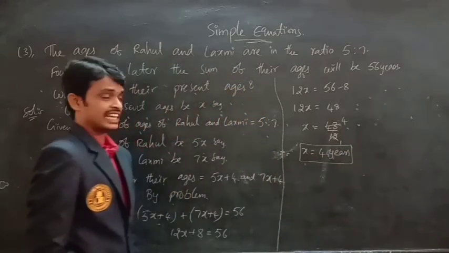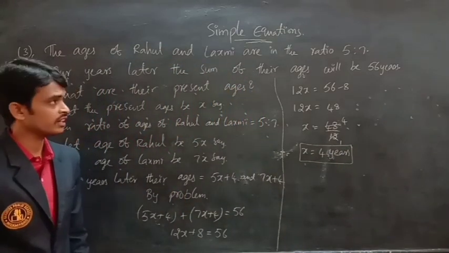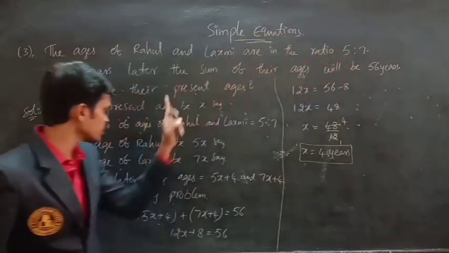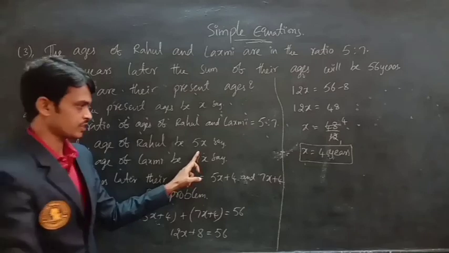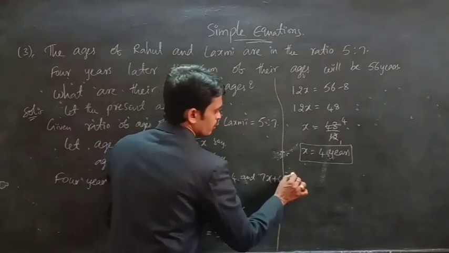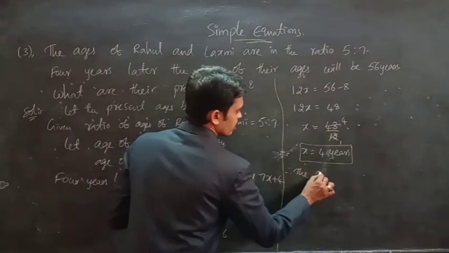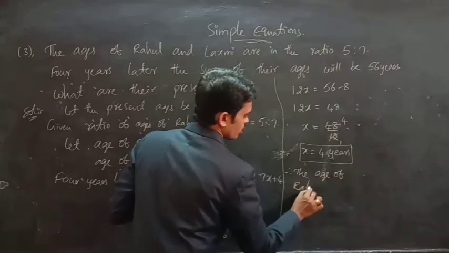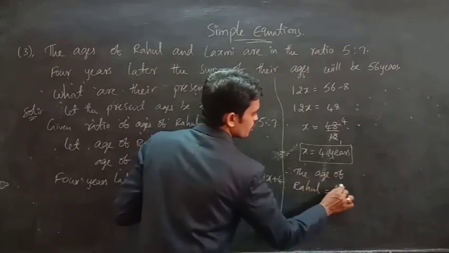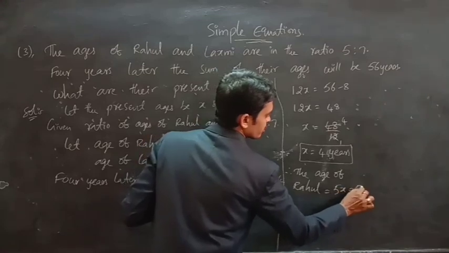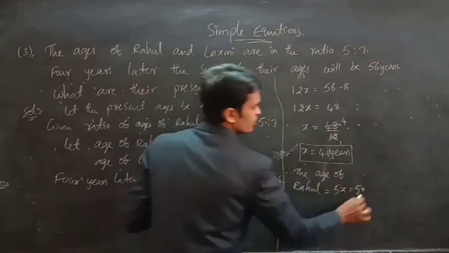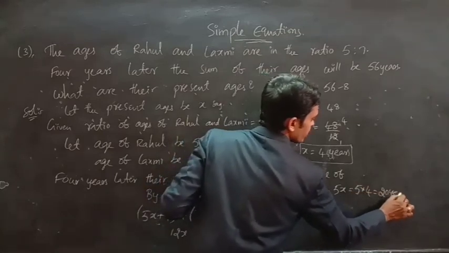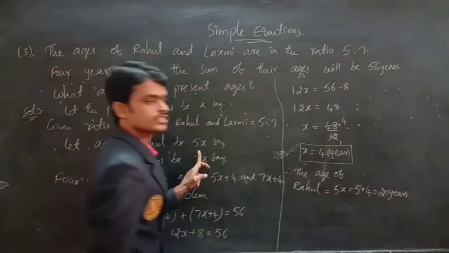So the present age unit is 4 years. Then they gave their ages as a ratio. What is that? Rahul is how much? 5x. Therefore the age of Rahul is 5x, nothing but 5 into x value 4. Then 5 4s are 20 years.